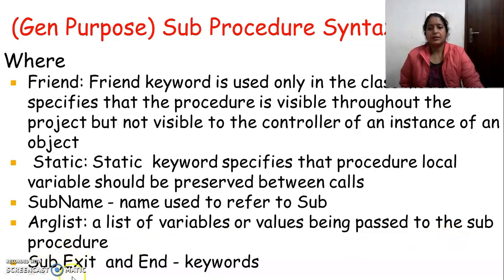Last one is the sub, exit, and end sub, and all these are keywords. The exit keyword is used if you want to exit prematurely from a procedure. Whenever the compiler encounters the exit statement, it terminates the procedure and control is transferred outside.